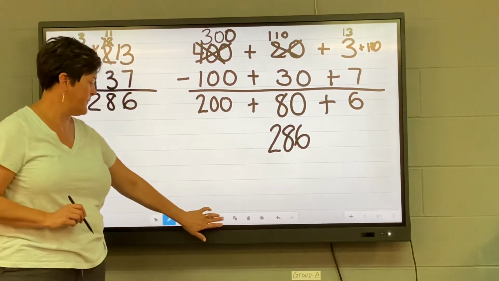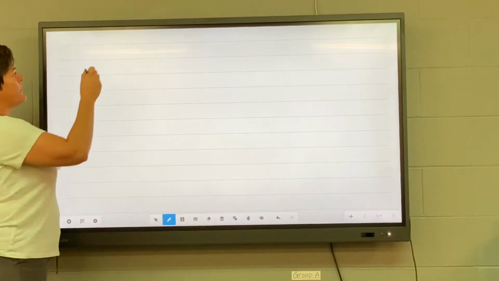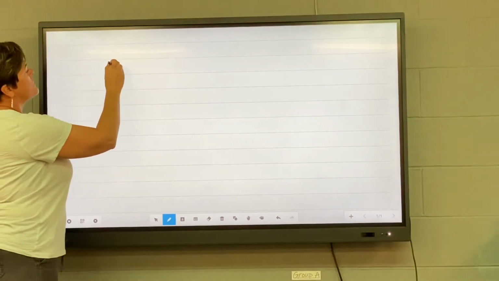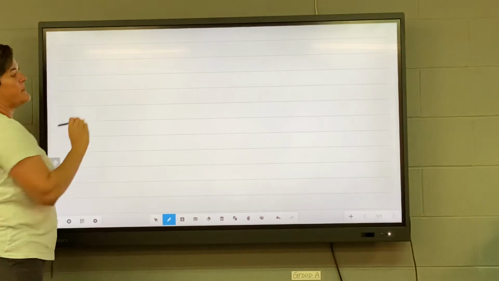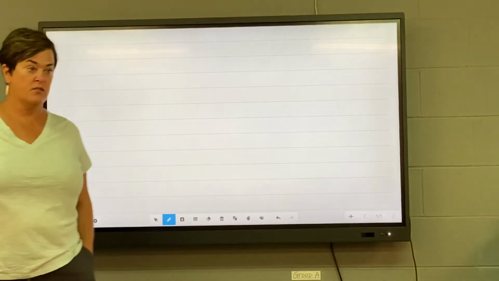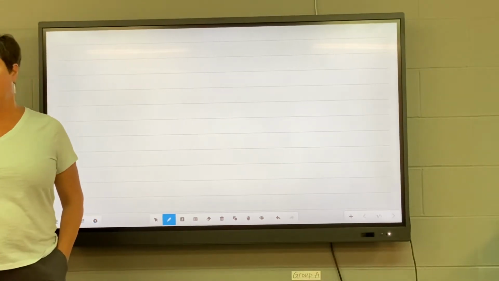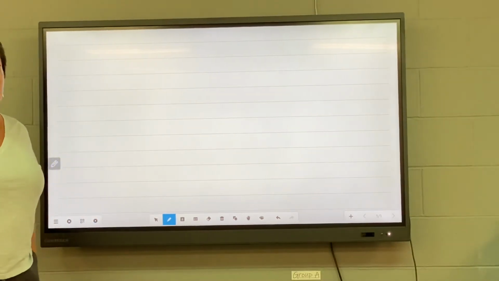Okay. I want you to solve this problem the easiest way that it is for you to solve it. Show me where you're at with your thinking as far as subtraction with regrouping goes.